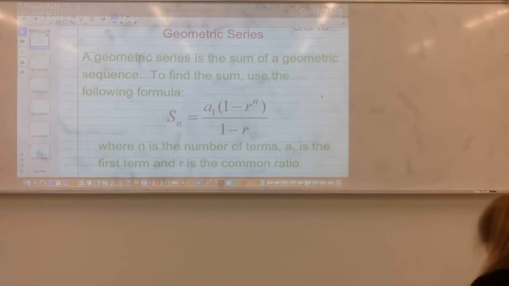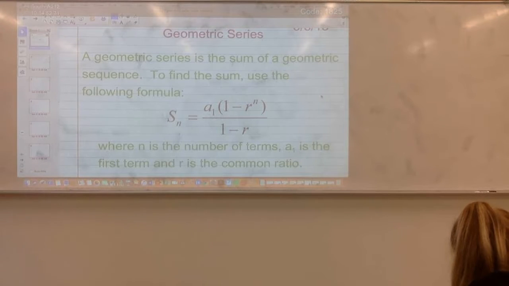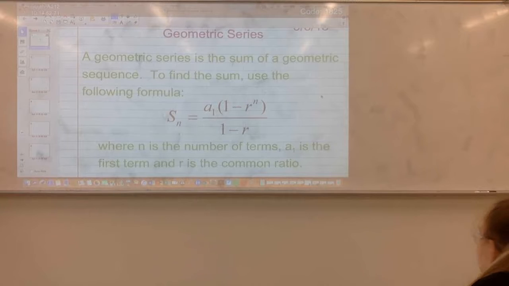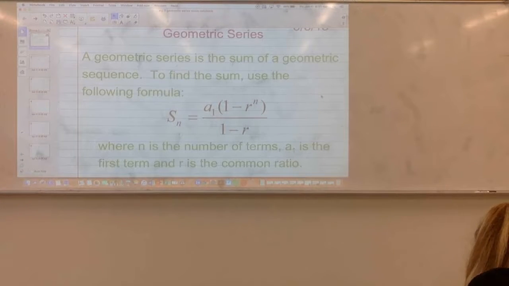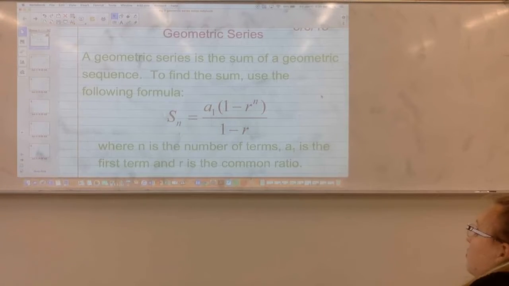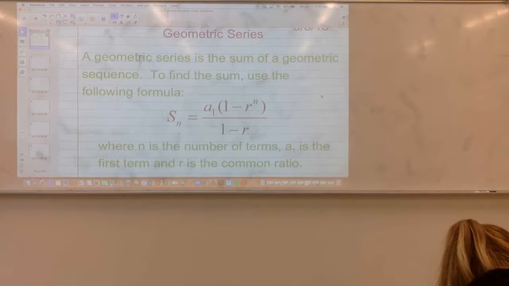That's going to get me the sum of the first n terms in a geometric sequence. So copy this down here real quick, and then we'll take a look at some examples.